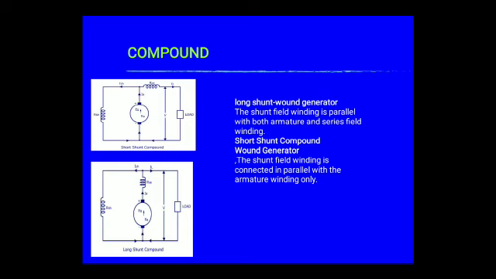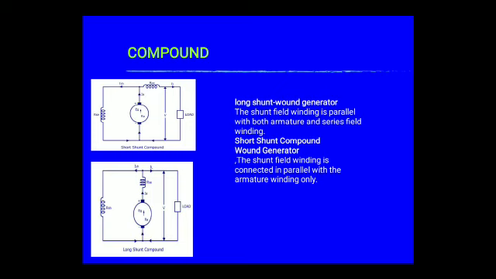So you can see here, in case of short shunt compound, the induced current in the armature, that is IA, is divided into two currents. One is ISH, which is supplied to the shunt field resistance, and the IL is supplied to the series field as well as to the load circuit.